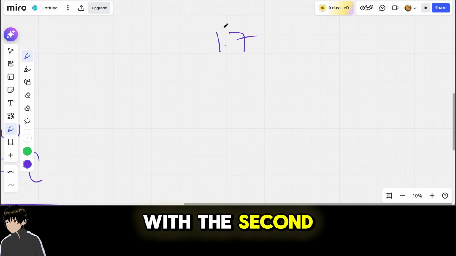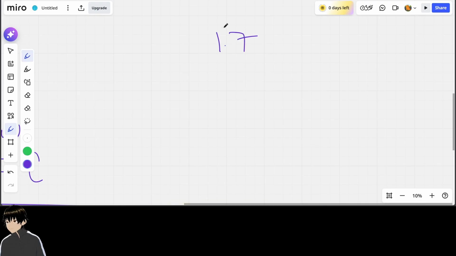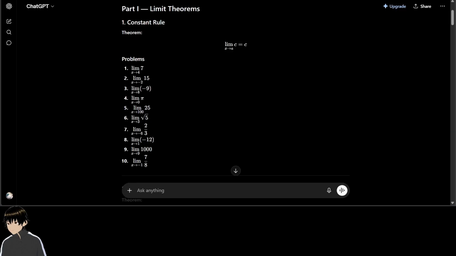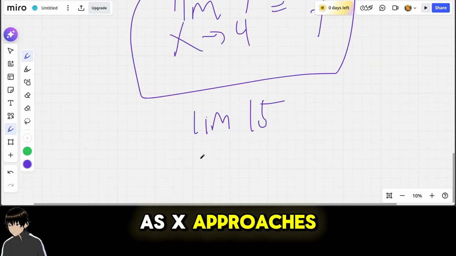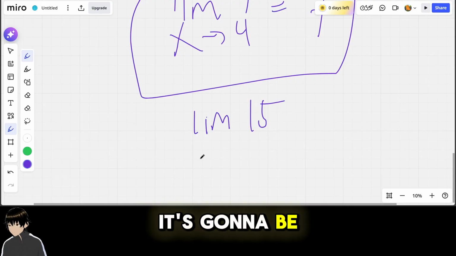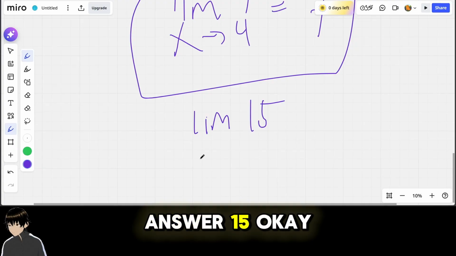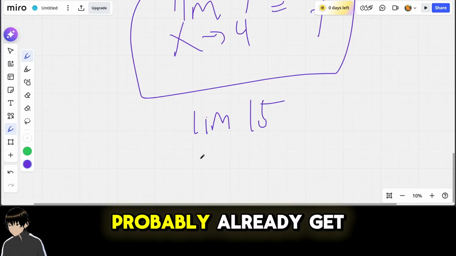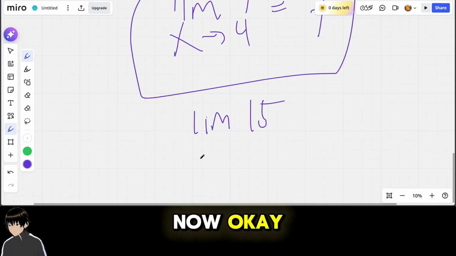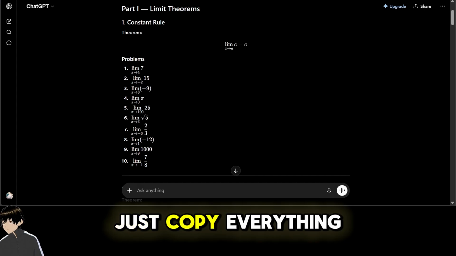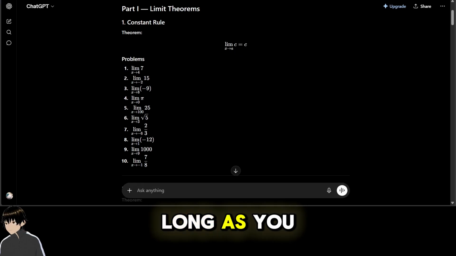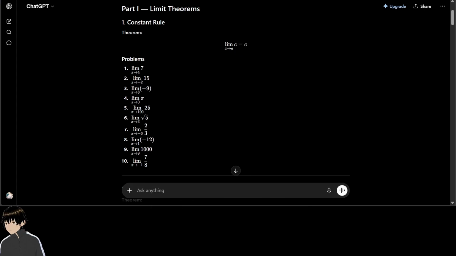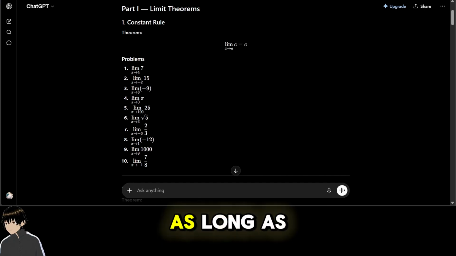Let's start with the second: the limit of 15 as x approaches negative 2. The answer is going to be 15. You probably already get the point by now. We can just copy everything, as long as you have a function that is a constant.